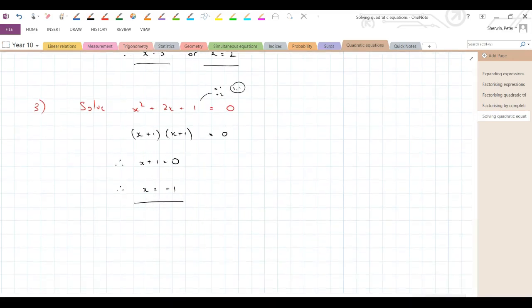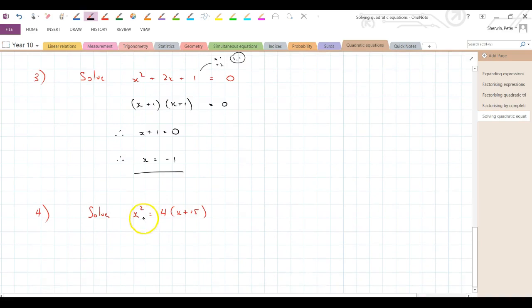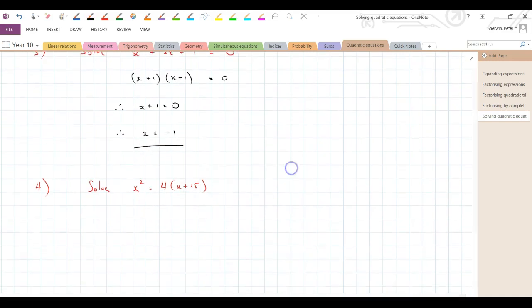One more example. Okay, in this example, I've got it set up a little differently. It's obviously a quadratic, but I don't have 0 on one side, so when I said first factorize, not in this case, we're firstly going to get everything on one side of the equation. So in this case, actually, I'm going to firstly expand, so I get 4x plus 60 there, and then I'm going to get everything across to the left-hand side.